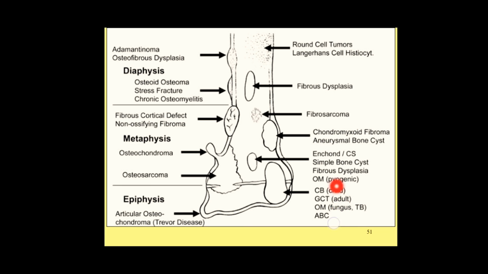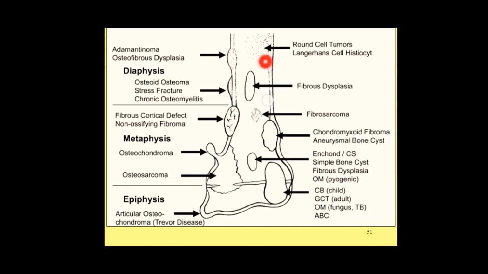Whereas fibrosarcoma, chondromyxoid fibroma, some types of aneurysmal bone cyst, enchondroma, medullary enchondroma, simple bone cyst, fibrous dysplasia, and pyogenic osteomyelitis mostly involve the metaphysis. Fibrous cortical defects, osteochondromas, osteosarcomas can arise from the metaphysis.